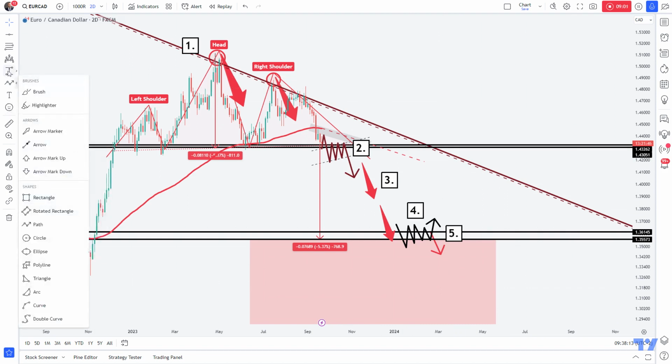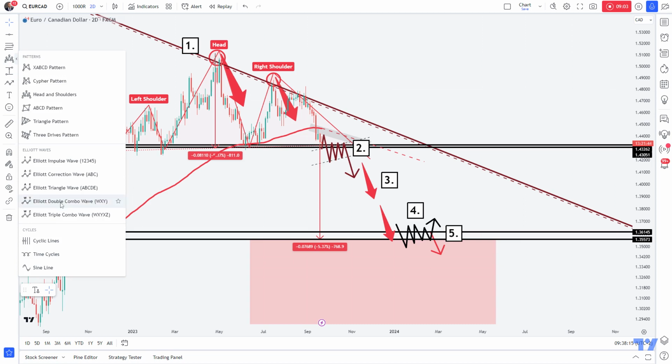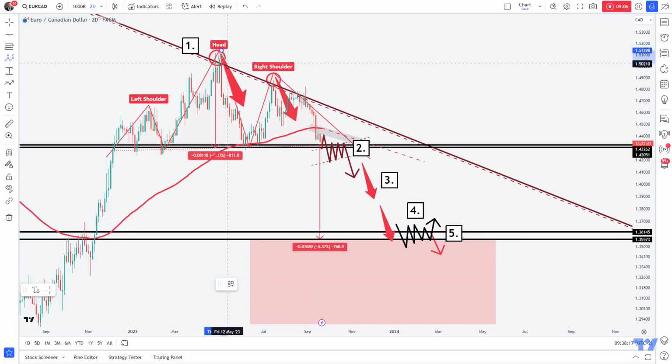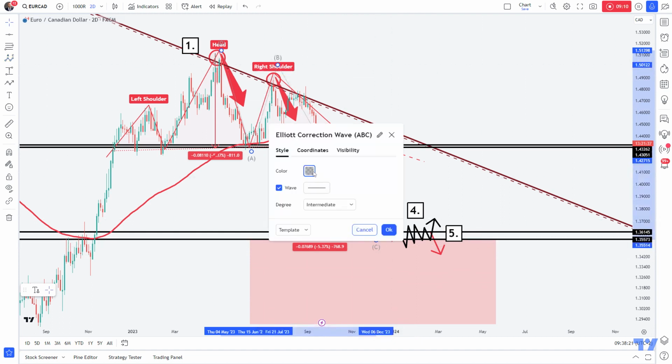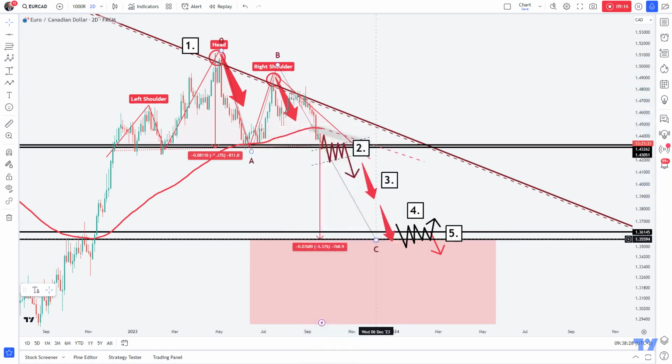And in this case, it has to be mentioned that EURCAD still has this major A, B, C wave count within this huge structure, which will be completed once EURCAD actually approaches these final target zones.